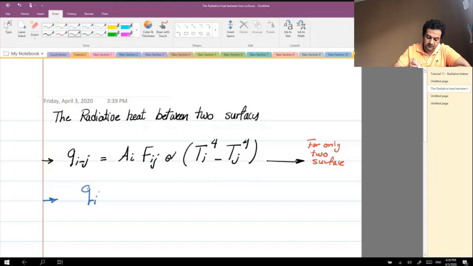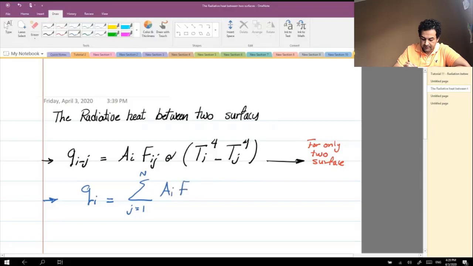Q_i, the Q emitted from surface i, is the summation from j equals 1 to n of A_i F_ij sigma (T_i to the power 4 minus T_j to the power 4).